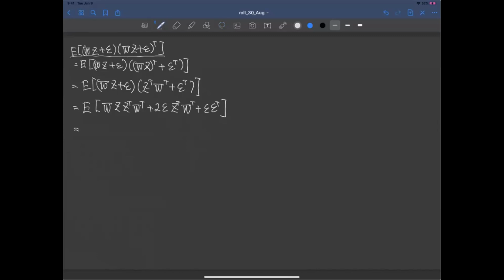Then again, we can apply the linearity of expectation.